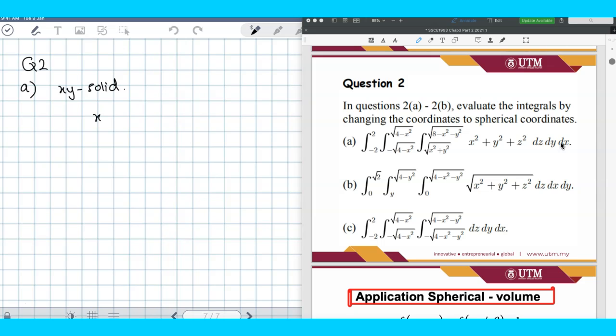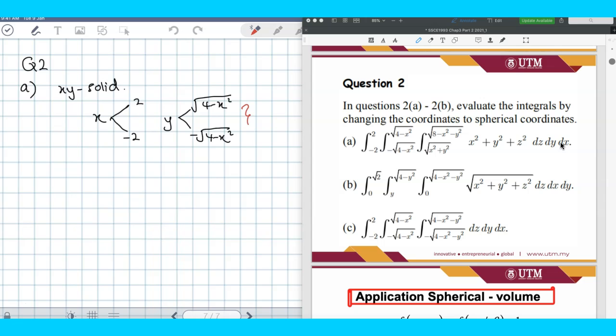So x is constant, given by -2 and 2, and y is a function from negative square root of 4 minus x squared to positive square root of 4 minus x squared. Now we want to determine the region.